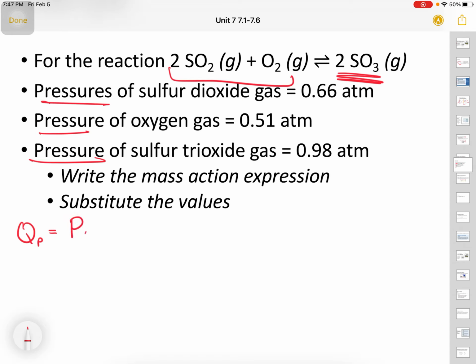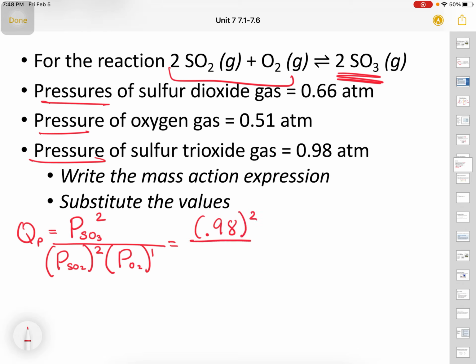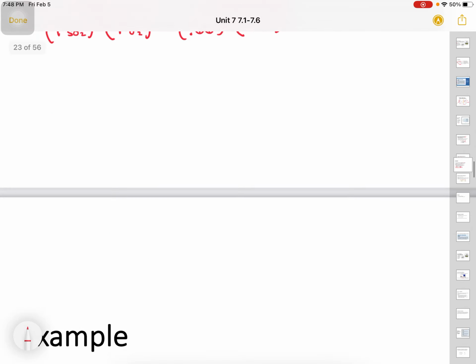So it's going to be the pressure of SO3 squared, that's my only product, divided by the pressure of SO2 squared, times the pressure of oxygen, raised to the first power. Products over reactants. If I substitute in the values I'm given, sulfur trioxide, 0.98 squared, over sulfur dioxide 0.66 squared times 0.51. You don't have to write the first power, but I am just for reinforcement. That's all you have to do.